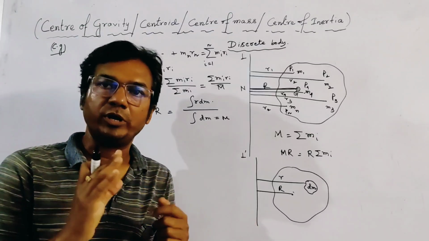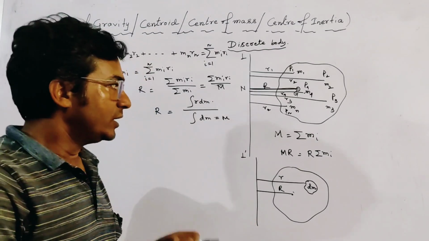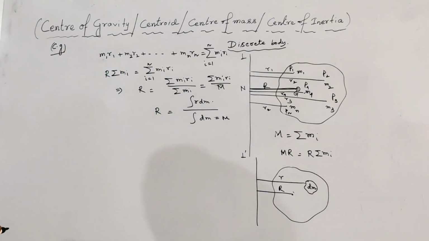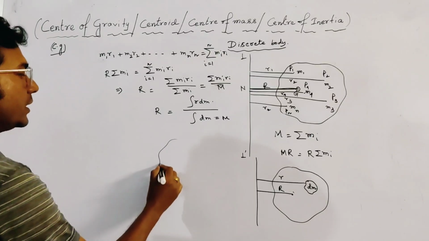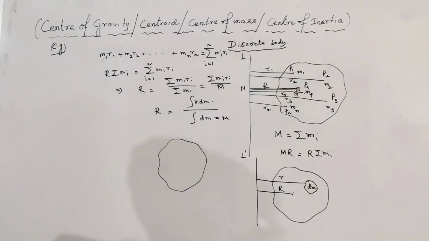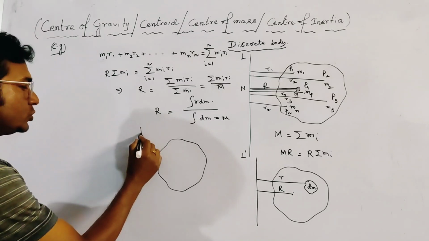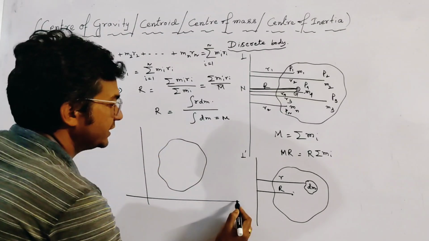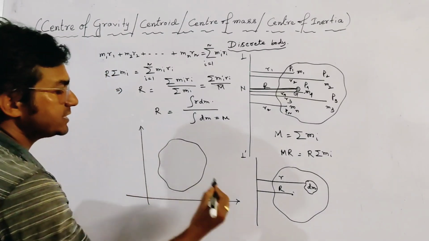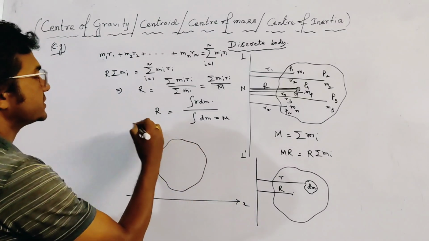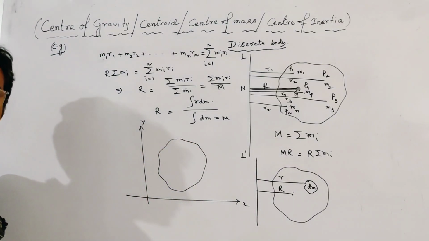Obviously the integration is taken over the whole body, and this is the definition of center of gravity of a continuous body. Now we have to find the center of gravity of this body about two axes, the x axis and y axis, that is in two dimensions.